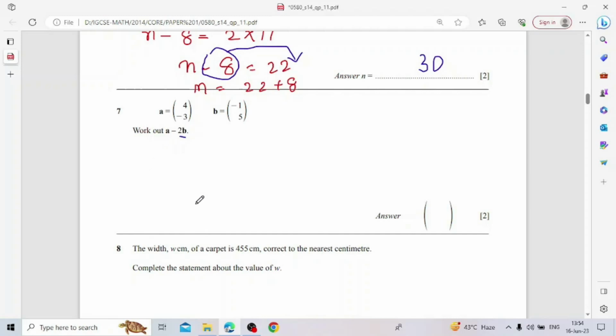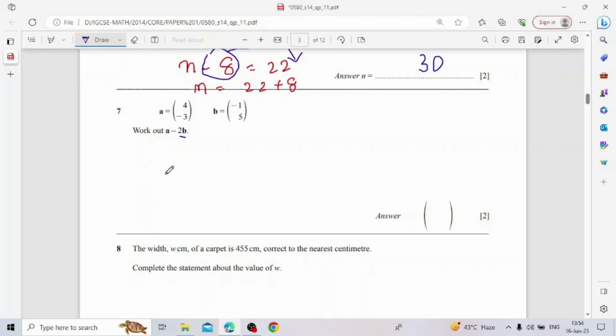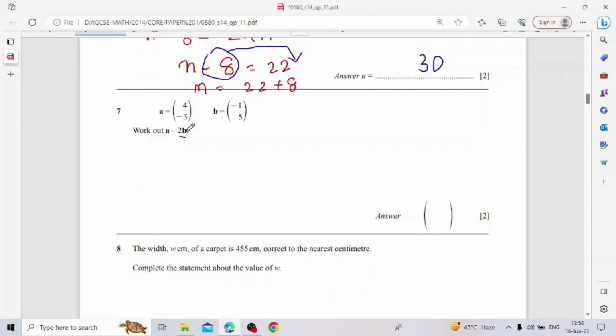Now, let's do that. A will keep as it is, but B is multiplied by 2. So B times 2. Let's see.